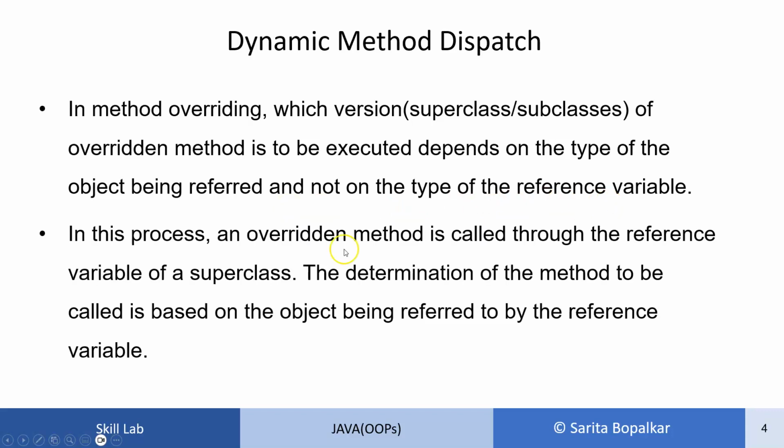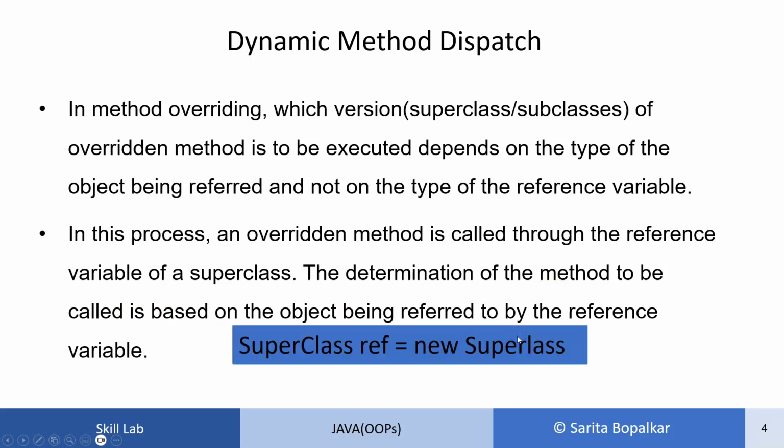This means an overridden method is called through the reference variable of the superclass, and the method to be executed is determined by the object being referred to by that reference variable. When we create the object using the superclass name, the reference variable is of the superclass, and the object is also new superclass. So in this case, whenever we call the overridden method, the superclass method gets called.